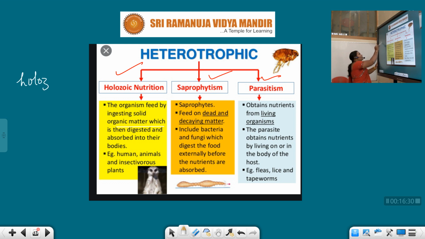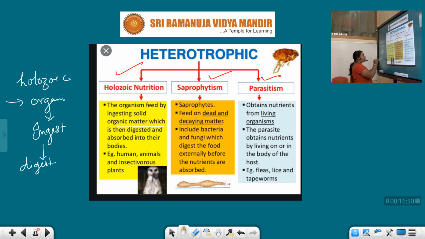Here the organism ingests the food, which is nothing but feeding, and after ingestion the food is digested well, and then it is absorbed by all the living cells. Absorption. So this particular procedure is nothing but the holozoic mode of nutrition.